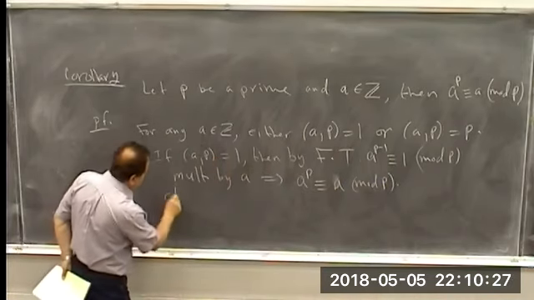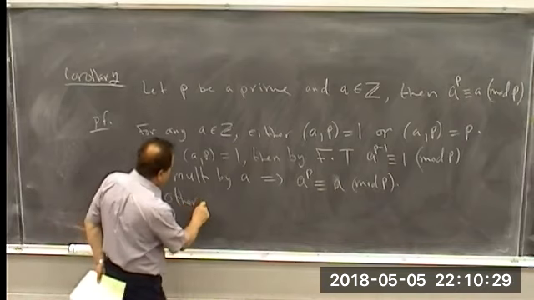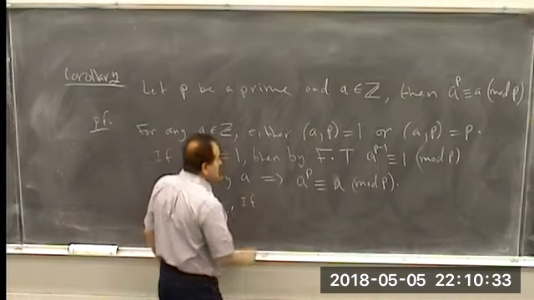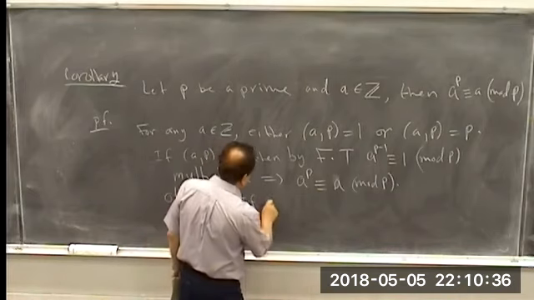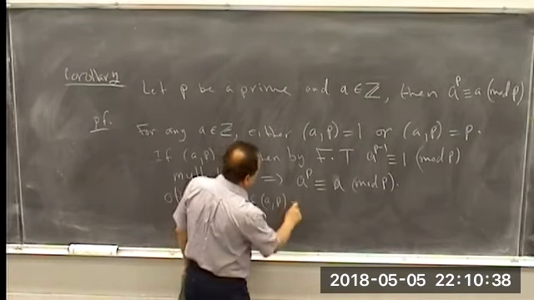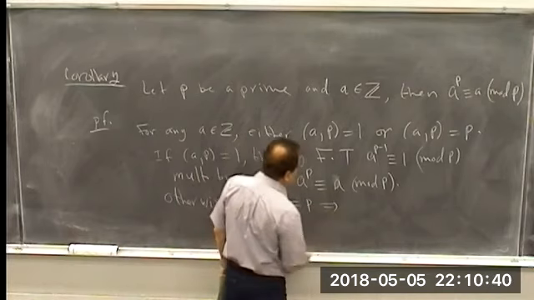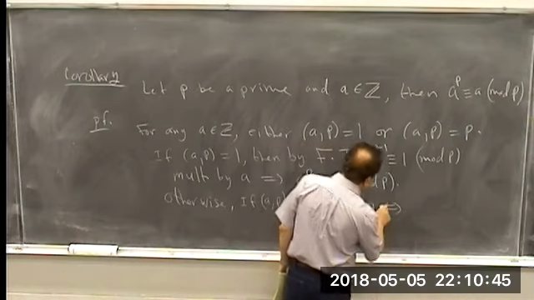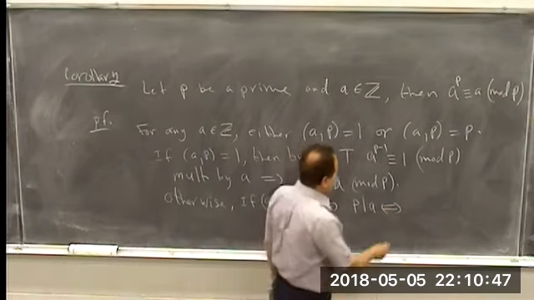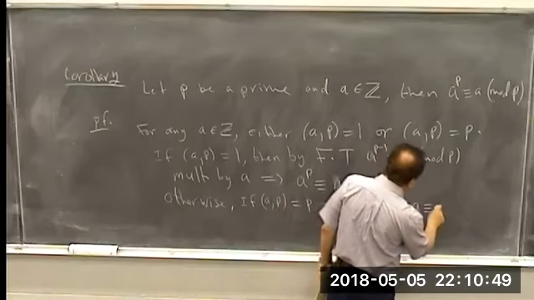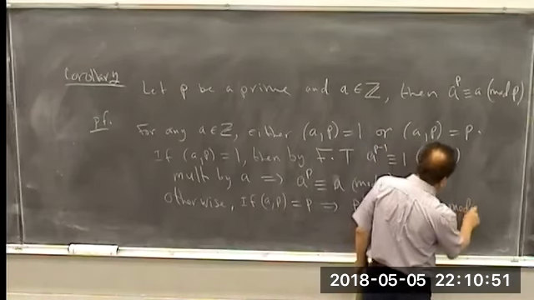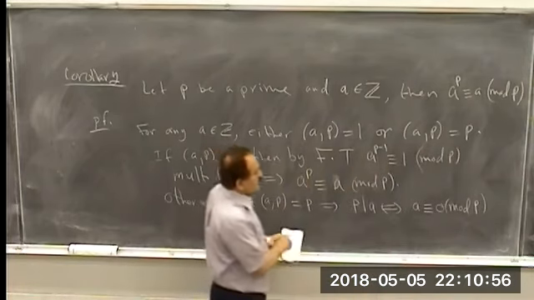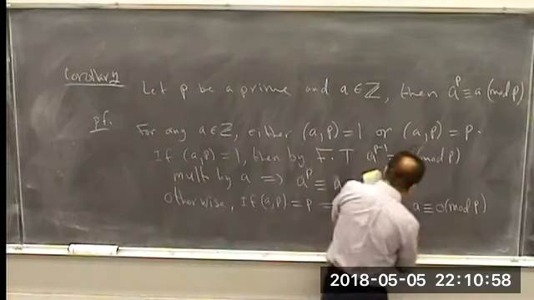Otherwise, if gcd(a, p) is equal to p, this implies that p divides a, and this is equivalent to saying that a is congruent to 0 mod p. Also, you can raise this congruence to the power p.